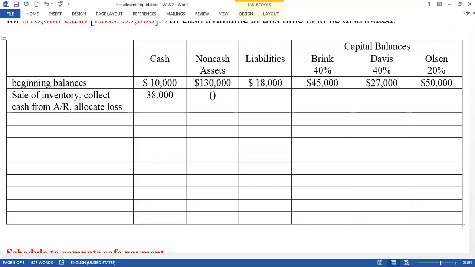Can you calculate this? We received $38,000, but how much non-cash asset did we actually sacrifice?